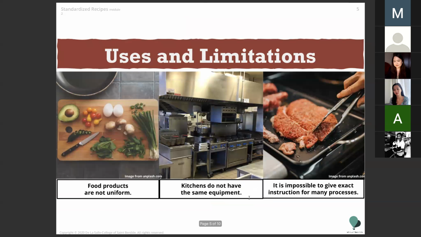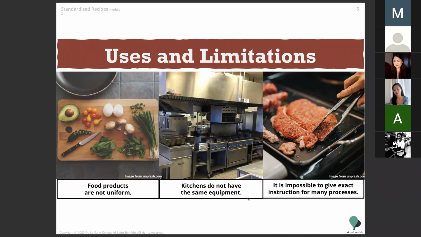All right. Now, there are limitations of standardized recipes. First, food products are not uniform. What do I mean by this? For example, when a recipe calls for just a simple description of a piece of onion, how do you know what the size of the onion is?